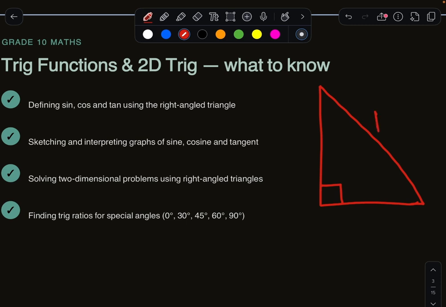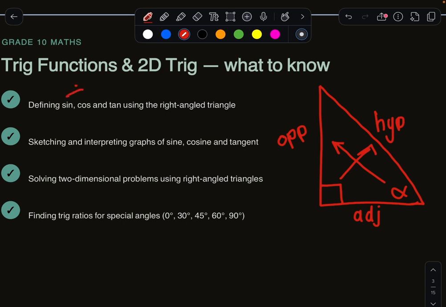They are going to tell you this is the hypotenuse, so that is the side opposite the right angle. And if you have an angle alpha, then you would have this side is opposite from that angle. So we call it the opposite side, and this side we call the adjacent side. And then we can define from that.